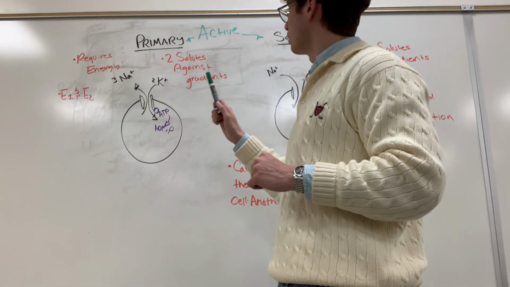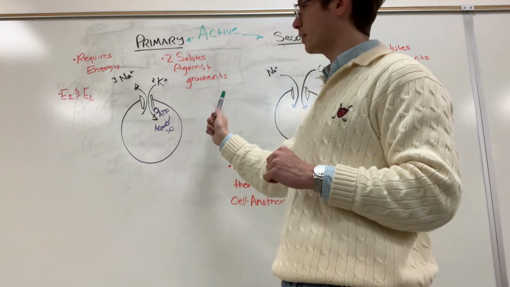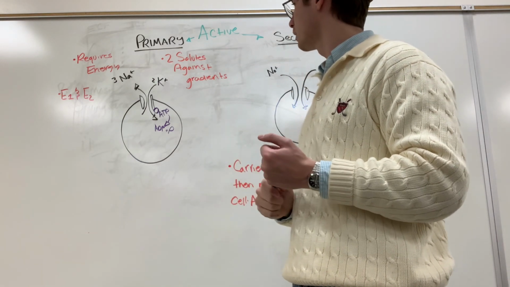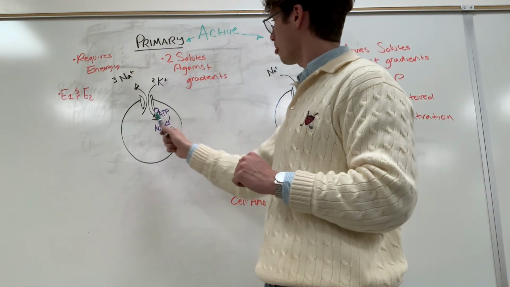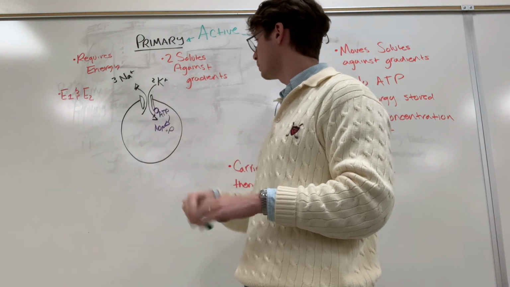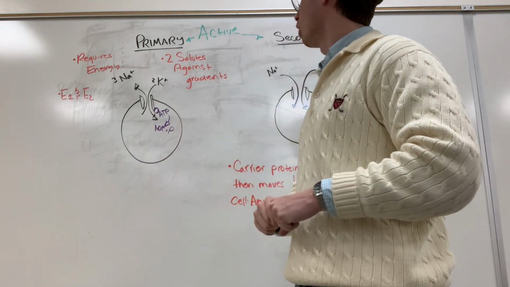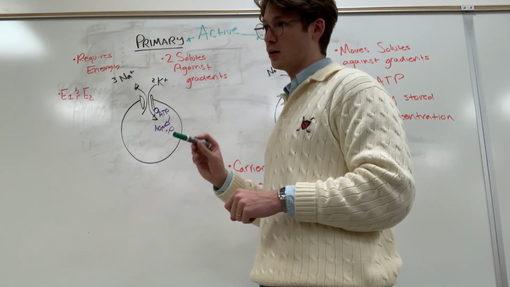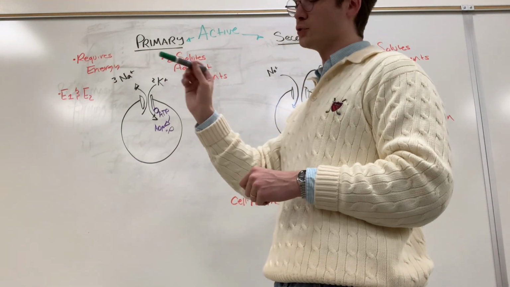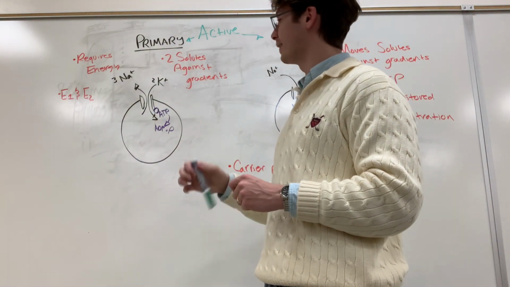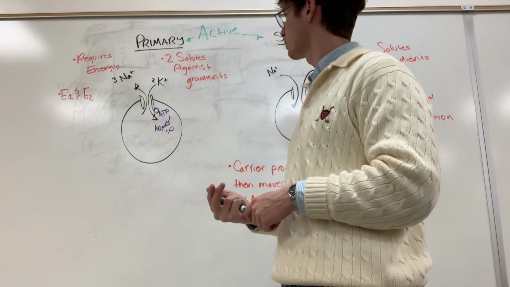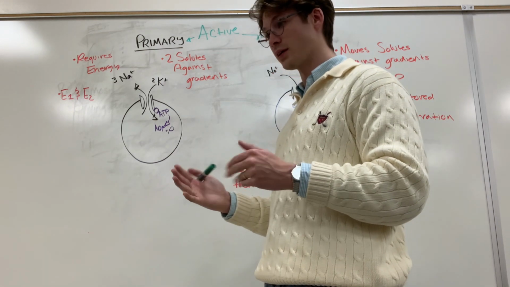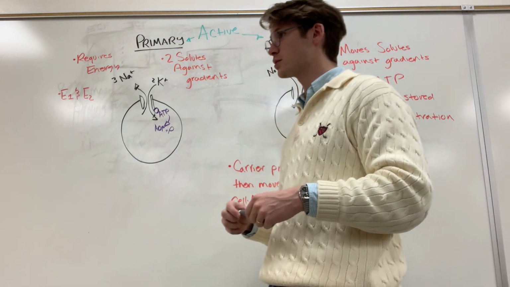Primary active transport moves two solutes against their gradients. You can see here, as the energy from ATP binds to the pump, 3 sodium are moved out while 2 potassium are moved in against their concentration gradients. This is done to maintain, again, this idea of homeostasis.